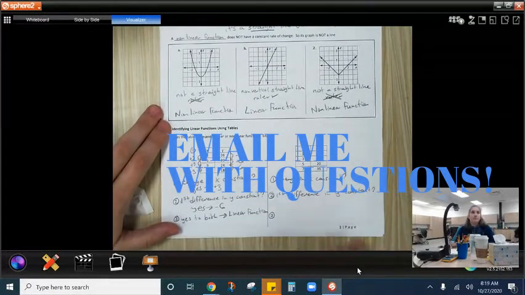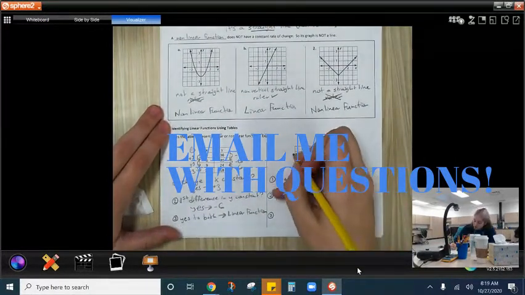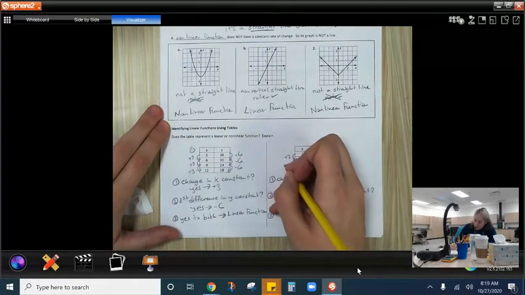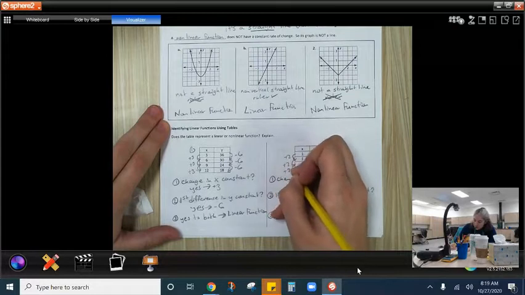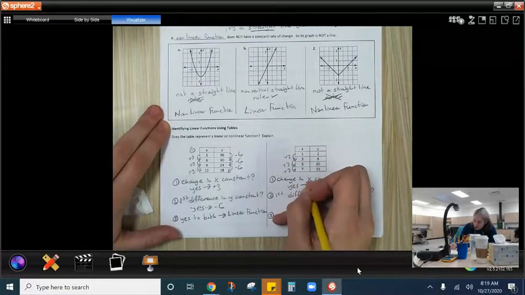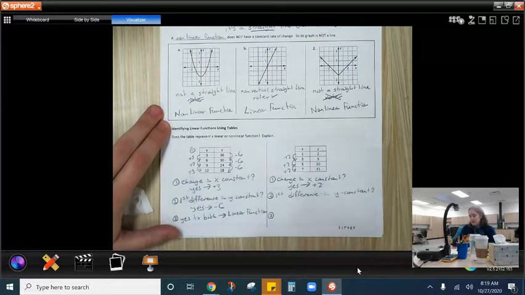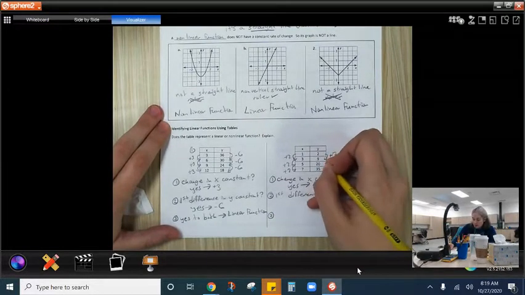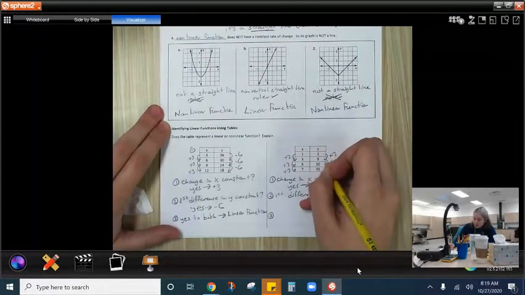So now let's look over here. Do we have a constant change in x? Well, I'm going from 1 to 3, so that's plus 2. Then 3 to 5, plus 2. Then 5 to 7, plus 2. So yes, we add 2 each time. Is the difference in y constant? Well, I'm going from 2 to 9, so that's plus 7. Then 9 to 20 is plus 11.